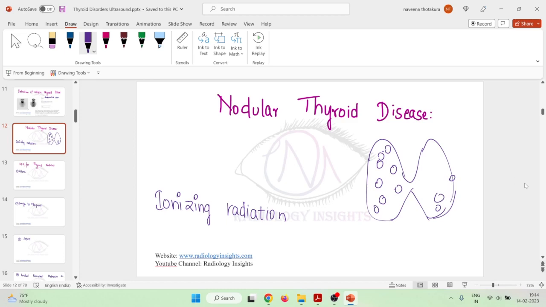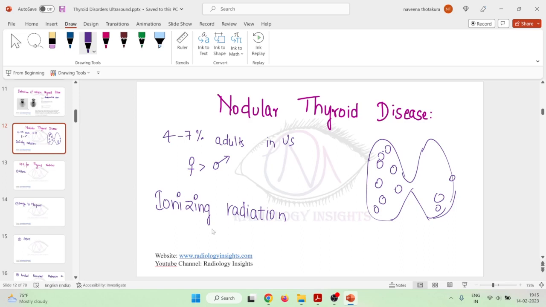This nodular thyroid disease is present in 4 to 7% of adults in the United States, and it more commonly affects women than men.